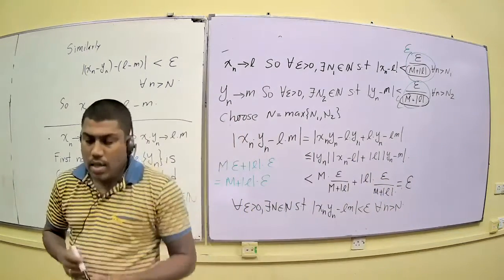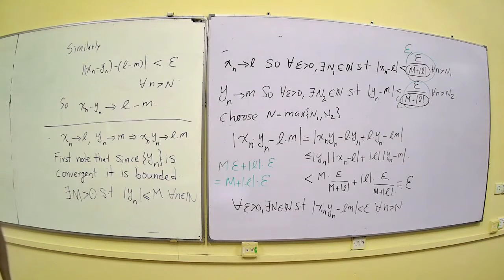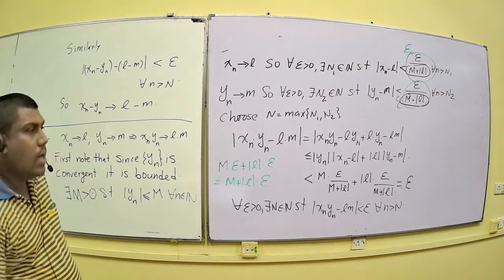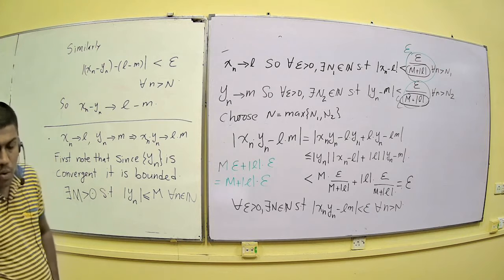So that is what you have for convergence of the product of two sequences. If you have two sequences that are converging to finite limits, then the product will converge to the product of those two limits. So that is that result.